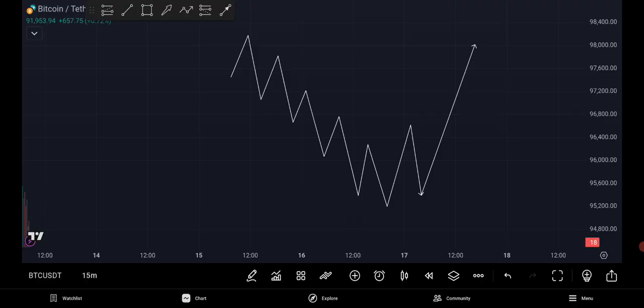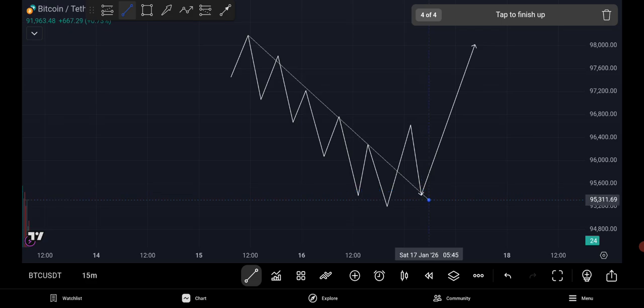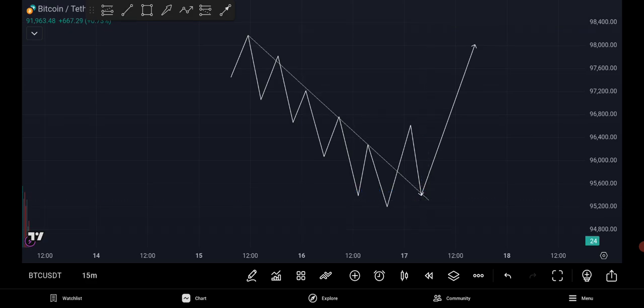So now I'm just going to show you how I've been doing it, and it's an A plus setup actually to me. What I usually do is combine a little bit of price action and SMC. So for SMC traders, when you do this, you'll know there's liquidity lying above this trend line.